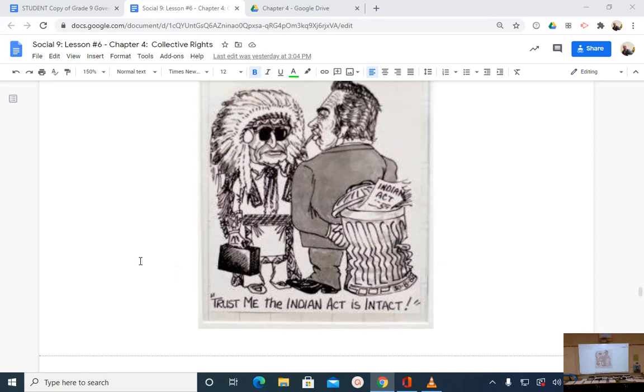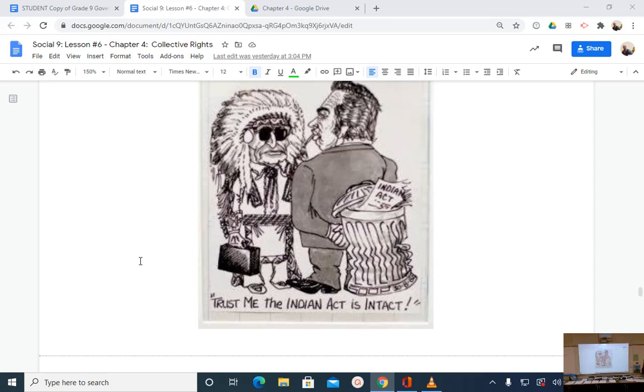So, is the ideological perspective of the cartoonist saying, you know what? There's nothing to be afraid of, that the federal government should be trusted because the Indian Act is intact. I mean, that's what it says right here, right? Trust me, the Indian Act is intact. So is the ideological perspective that Canada's First Nations or Indigenous Aboriginal peoples have nothing to worry about?